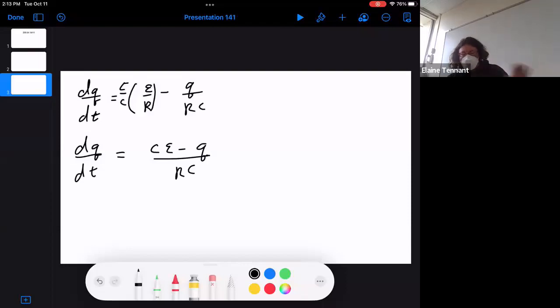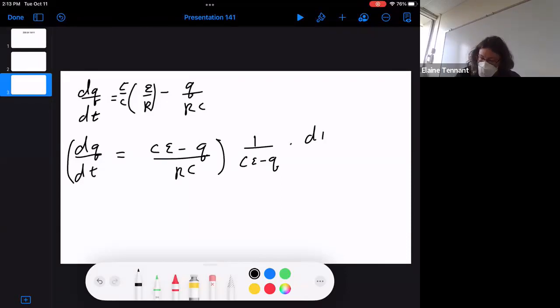So I'm about to divide by C EMF minus Q. And so that'll get rid of all the Q's on one side, right? And then I'll multiply both sides by dt, and that'll get my dt on the other side.